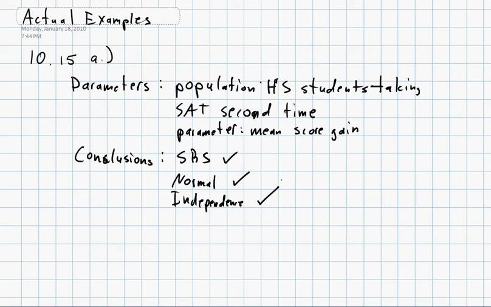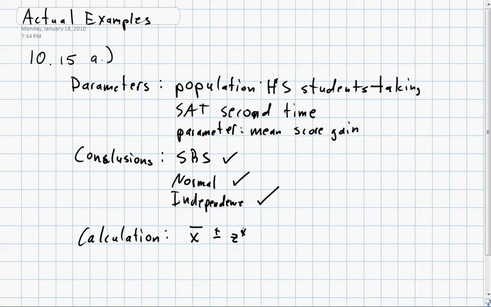So now the next step is to actually do our calculation. The formula for the calculation: we start with x bar, plus or minus our critical value times the standard deviation over the square root of n.